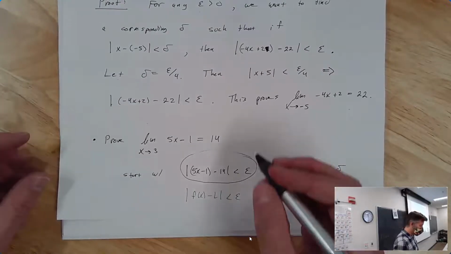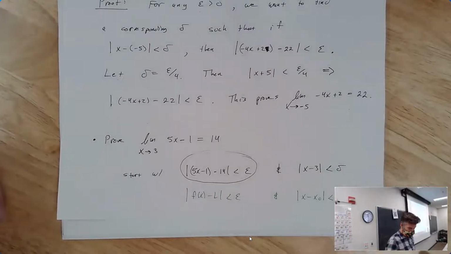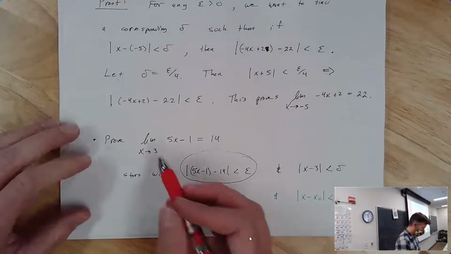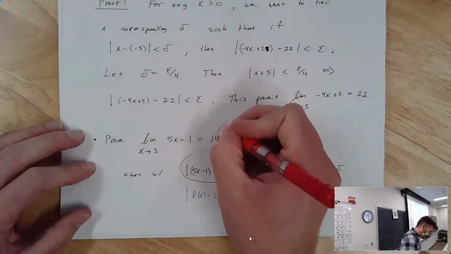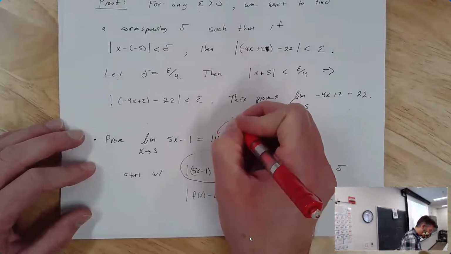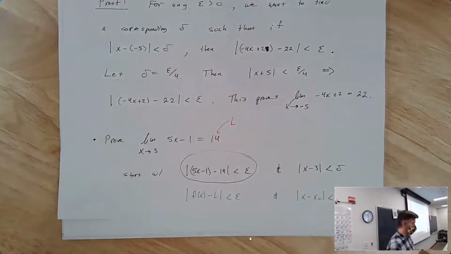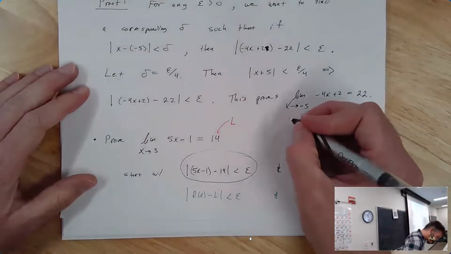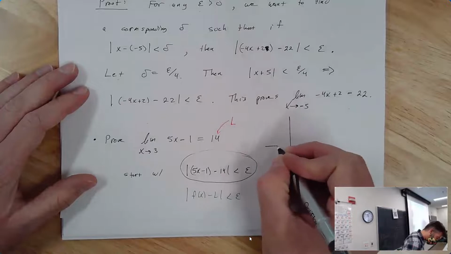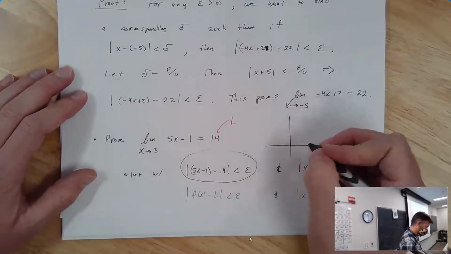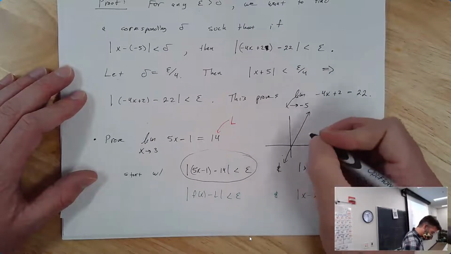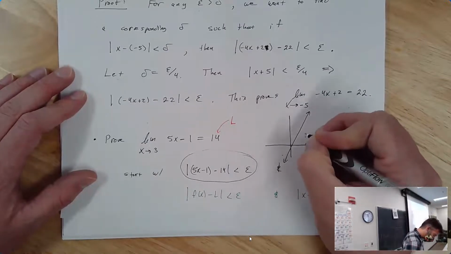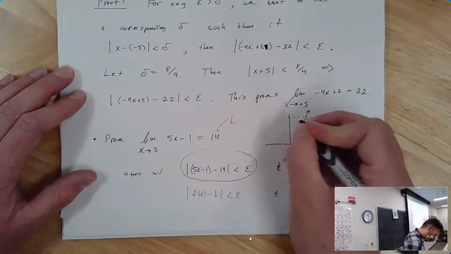Well, L is the limit, right? We're trying to show that the limit of this function is 14. So that is what we call L, whatever the function is getting closer and closer to. If we graph 5x minus 1, it looks kind of like this. Here's 3, and here's 14.